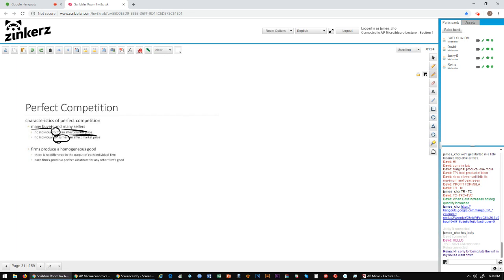So no one company could affect market price, and no one consumer could affect market price either. Whatever market price is, let's say P star, that's what it's going to be. No one could change that. So, first characteristic: many, many buyers and many, many sellers.